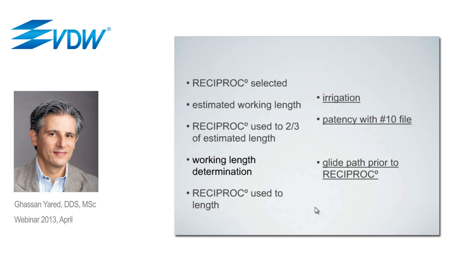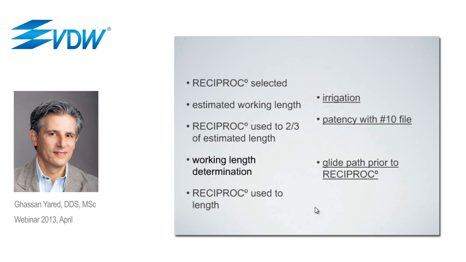Actually, this step is not special only for single file reciprocation, but this is also what we have to do if we were to use the rotary instruments in a safe manner. Every time we have to pre-curve an instrument to reach length, we know then that there is a complex anatomy. And then an engine-driven instrument should not be used there unless we create a glide path.